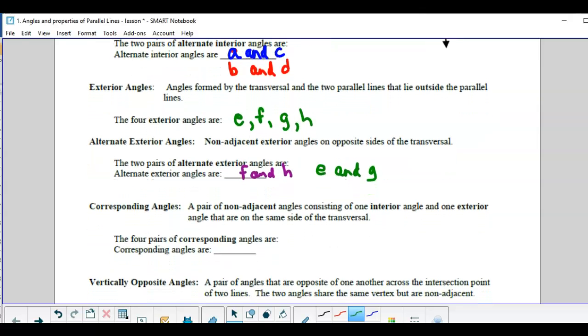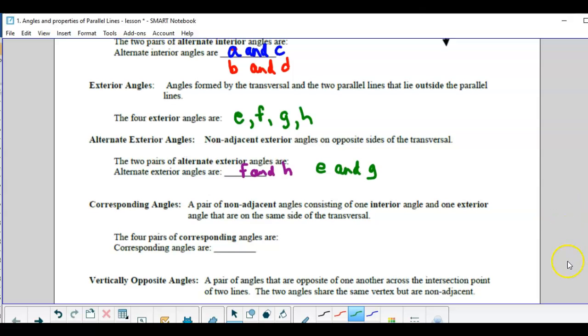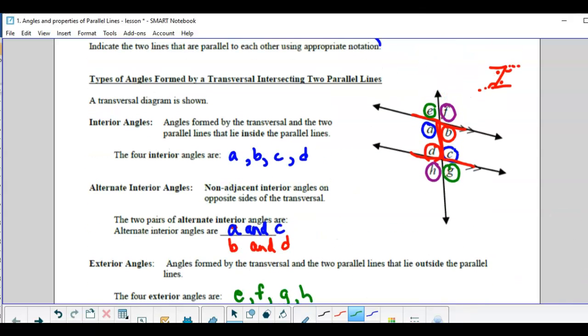Corresponding angles, that's a pair of non-adjacent angles consisting of one interior angle and one exterior. They are on the same side of the transversal. So I'm going to erase what I have here to make it a little bit cleaner.